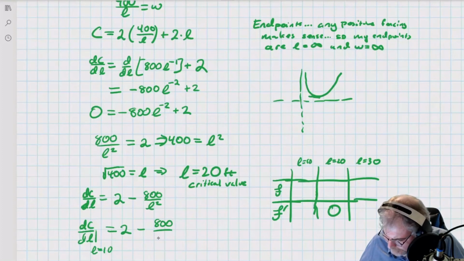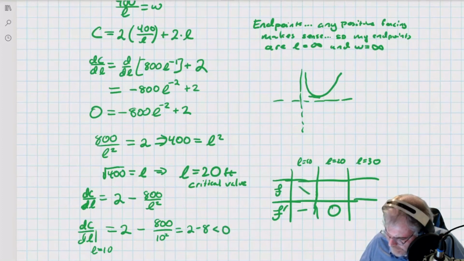10 squared, which is 100, equals 2 minus, this is just going to be 8, which is less than 0. So I have a negative here. That means I'm decreasing.